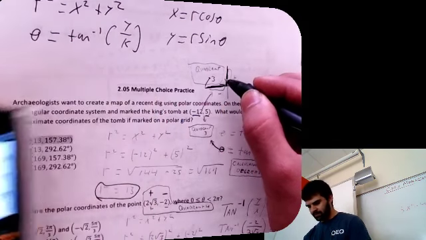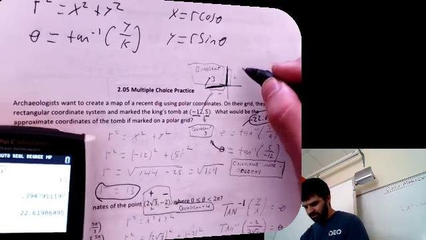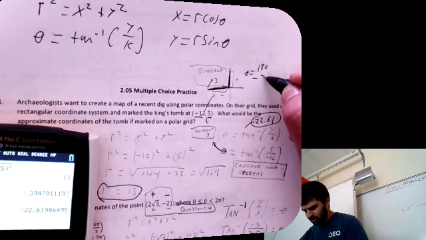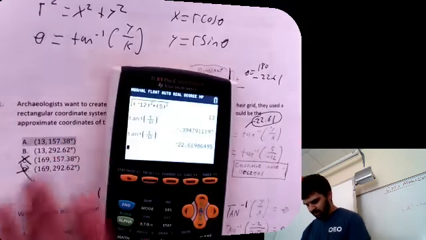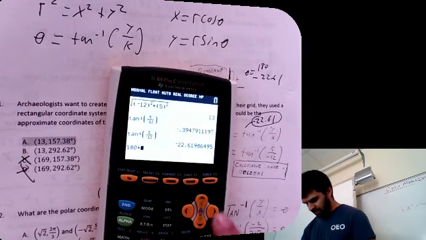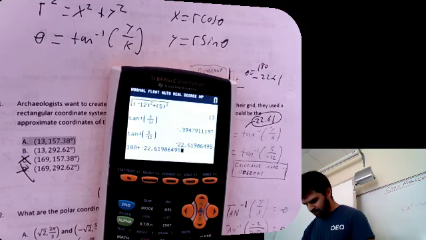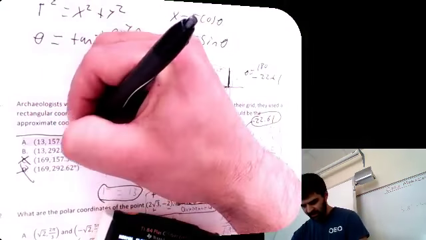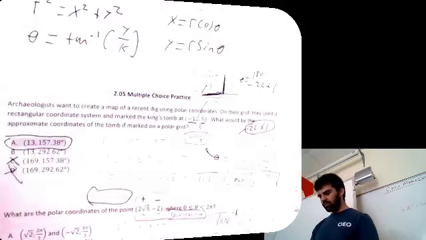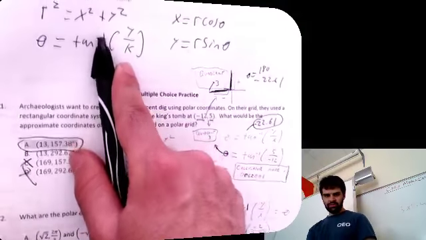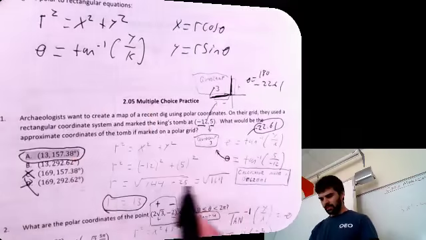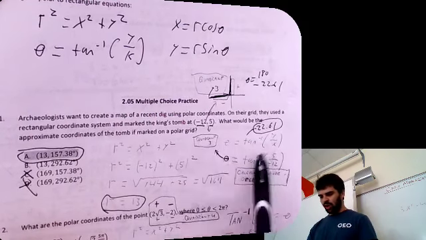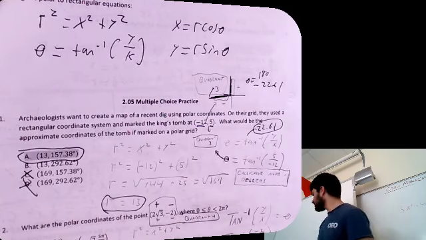So our theta value is going to be equal to 180 minus 22.61, which is 157.38, and that's going to be answer choice A. So what we have to do is know our polar to rectangular equations for this one, know what quadrant it is based on the coordinates, and do our conversions. So that's problem 1.